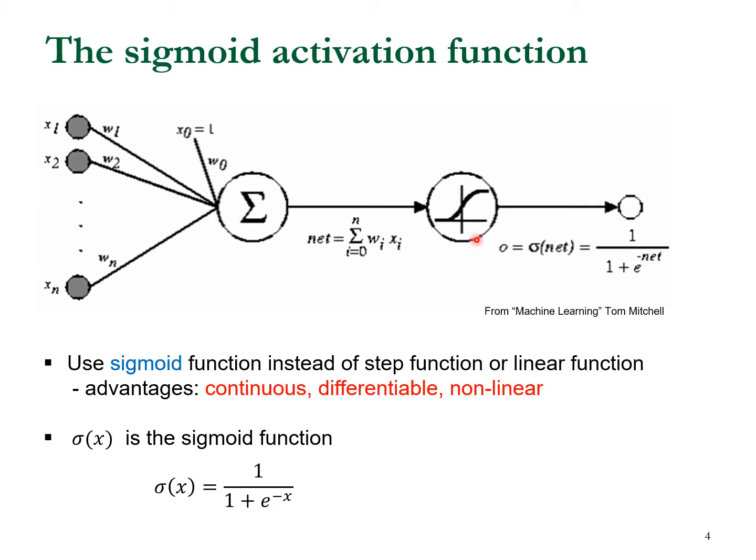Depending on the network structure, we use different activation functions. If you remember, in the perceptron training rule, for this activation function, we use the step function. For the delta rule, we use the linear line as the activation function.